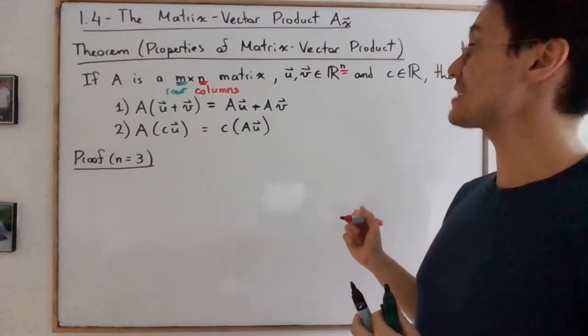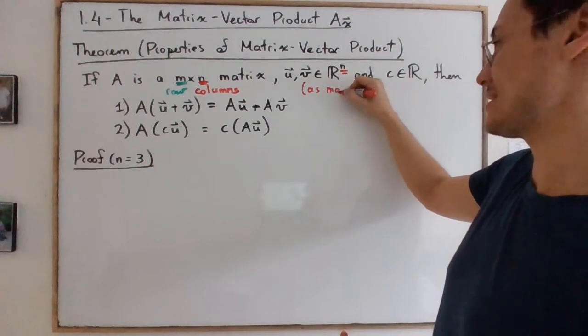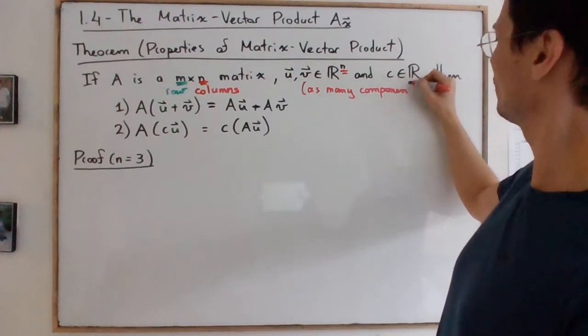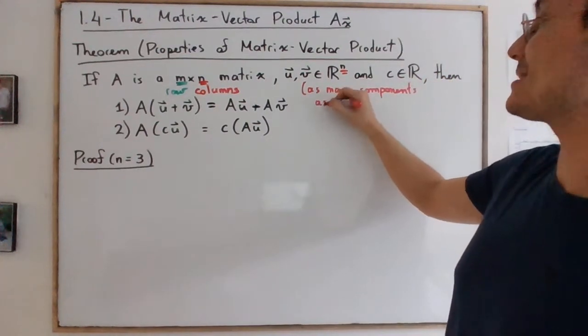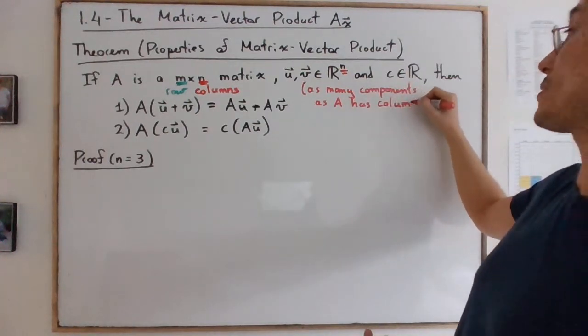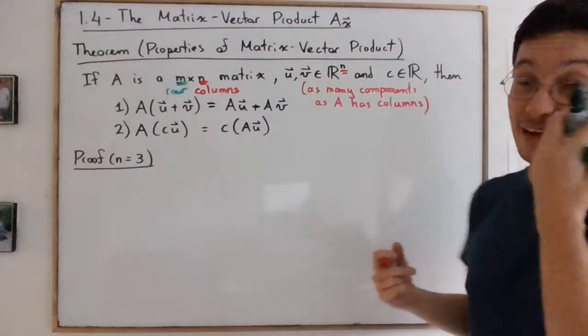In other words, they must have as many components as A has columns. This is very important. Remember that otherwise the matrix vector product is undefined.